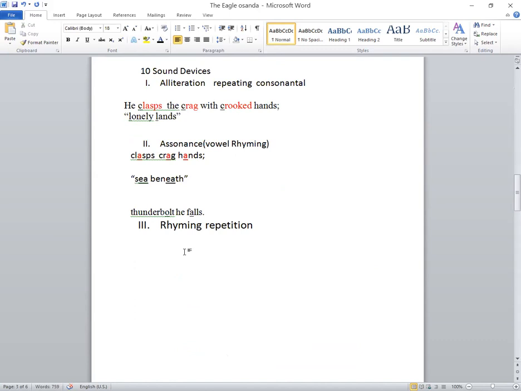Write down. In poetry, there are two types of rhyming.